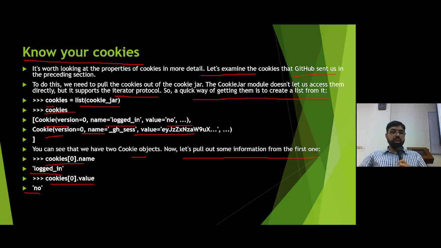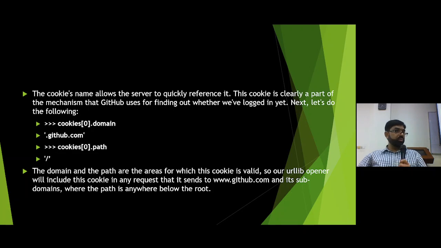The value is no. What this information is: the cookie's name allows the server to quickly reference it. So the cookie is clearly part of the mechanism that GitHub uses for finding whether we are logged in or not. Let's do the following: cookie 0 dot domain. We get that this is from github.com. Then cookie 0 dot path, so we know that this is slash.